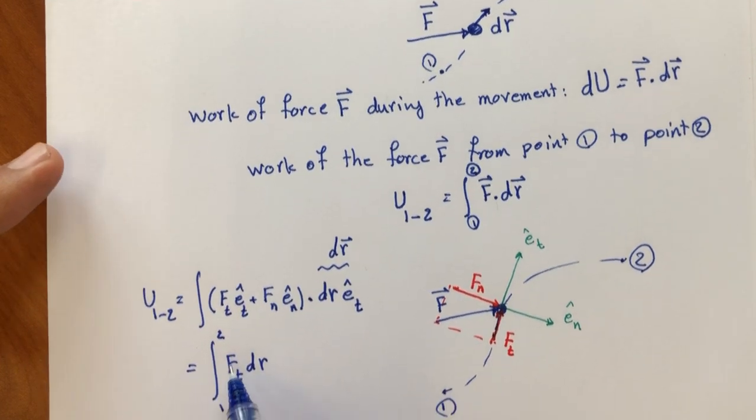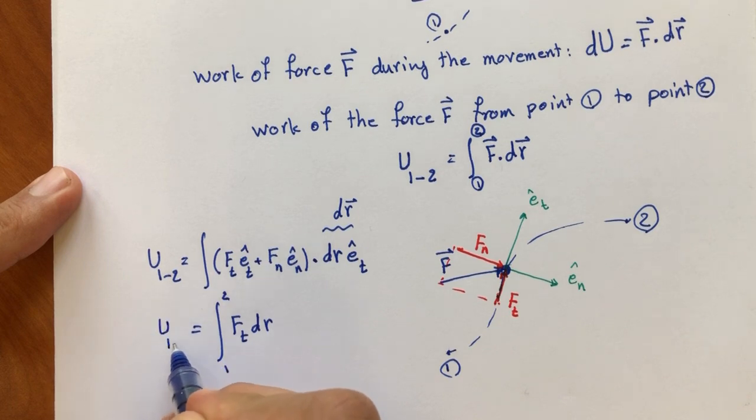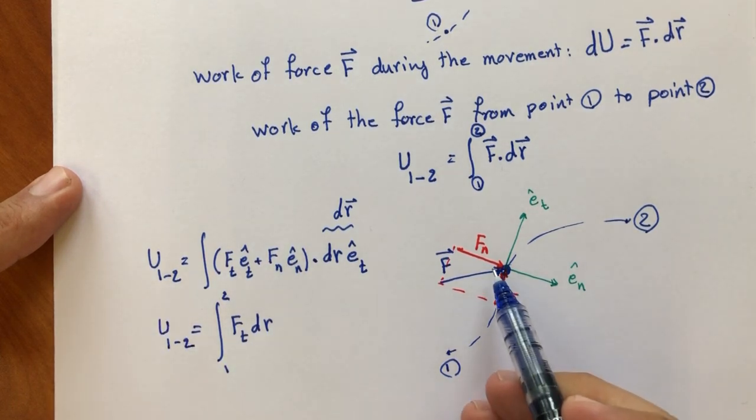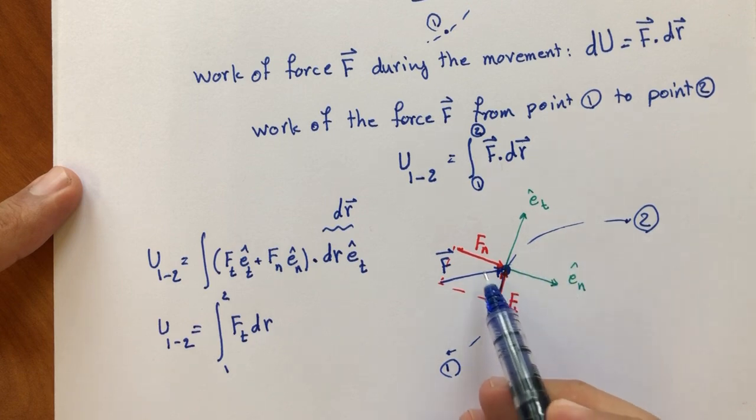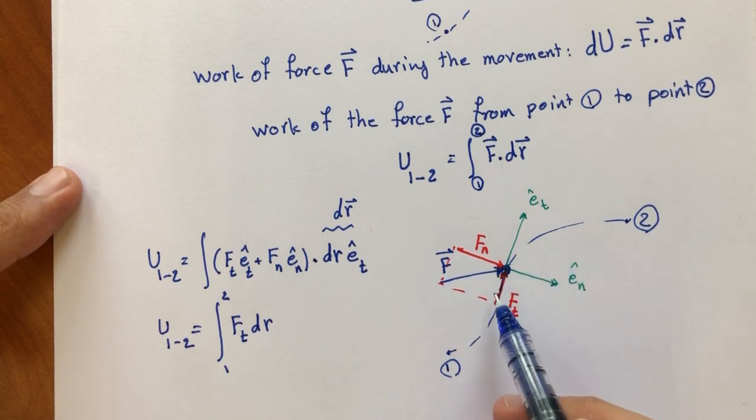So what's the meaning of this? As you see, there is no Fn here. It means if you have a force which is perpendicular to the direction of the movement, which is perpendicular to the path of movement, it's not going to do any work.